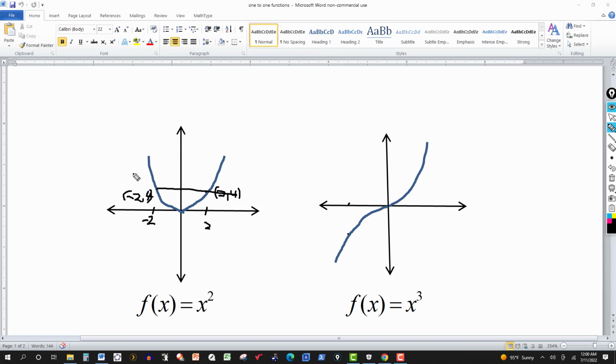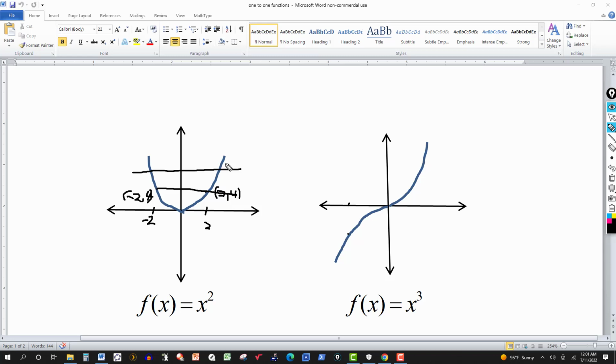But if there's a horizontal line that crosses the graph at more than one point, here and here, for example, or here and here, that's going to tell you that when you pick a certain value for y, there won't be just one value for x all the time. So it's not going to be one-to-one. If you know what the graph looks like, you can do a visual check.